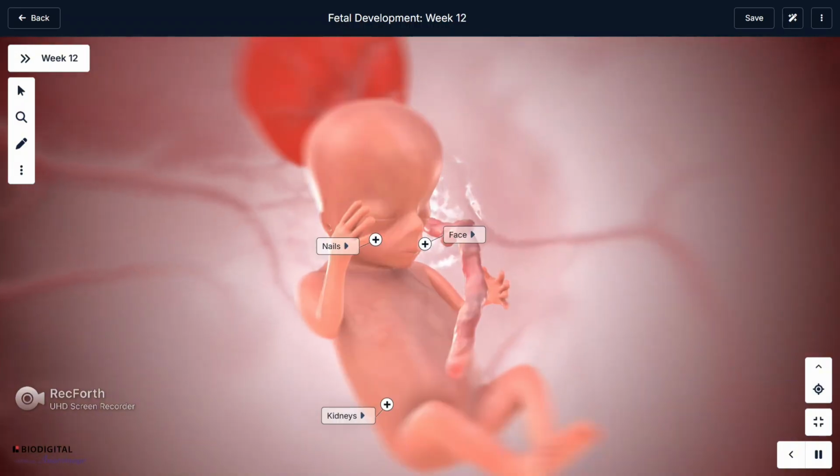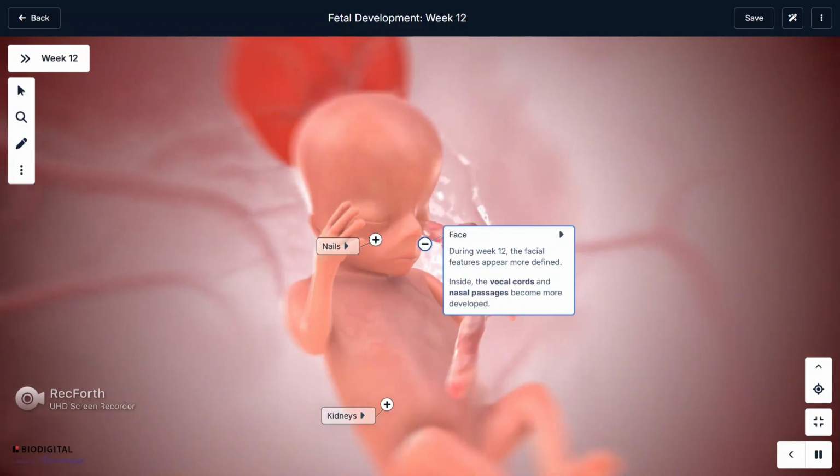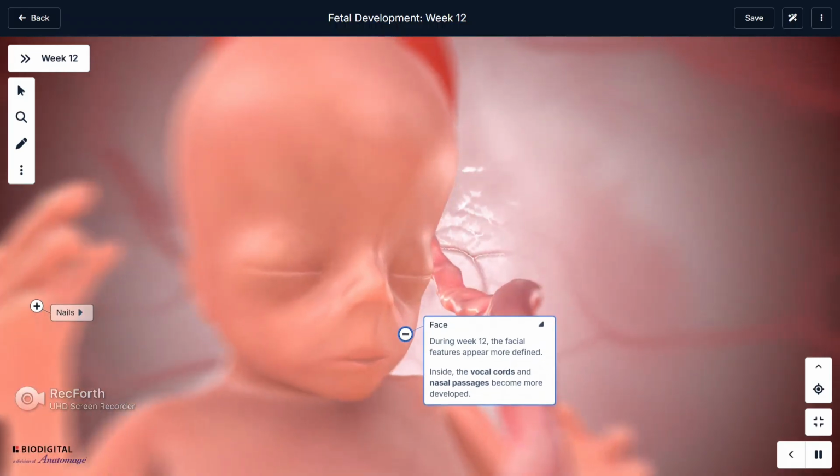And by week 12 of its development, at this stage of the pregnancy, fingernails and toenails start to appear. During week 12, the facial features appear more defined. Inside, the vocal cords and nasal passages become more developed.